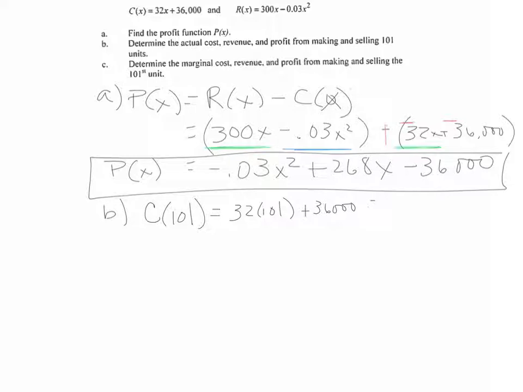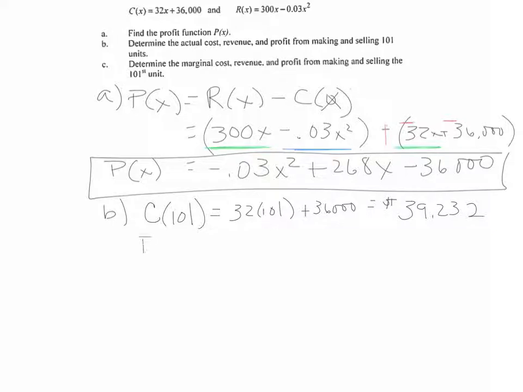And what do you get back? And remember, this is money, so we'll round to the nearest penny if it doesn't come out to be a whole number. It's $39,232. You are exactly right.